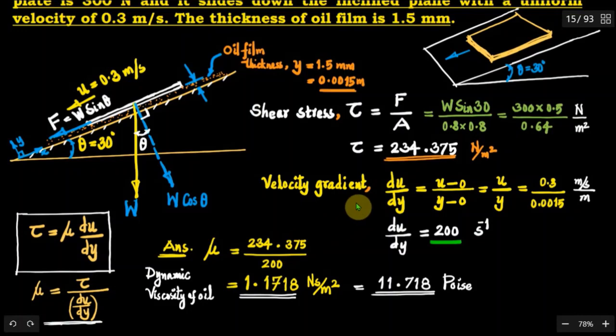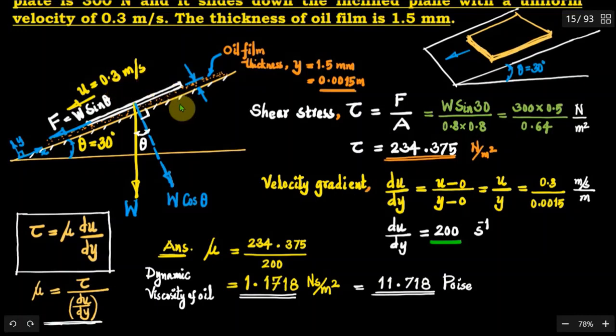Now the velocity gradient is equal to du by dy. Du is equal to u minus 0. This means the oil layer closest to the inclined plane, which is stationary, has 0 velocity, and the oil layer closest to the sliding plate has the same velocity as the sliding plate, which is 0.3 meter per second in this case.